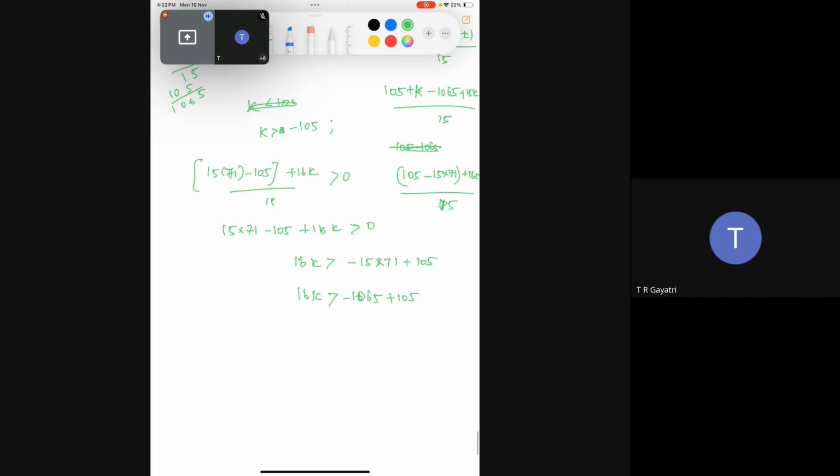It will be some negative number, some number, ma'am. So we can't say that it will be for all values of k.